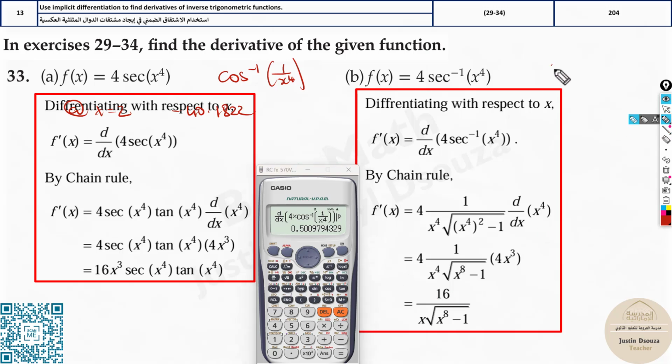I'll write it out over here, 0.5009, and it goes on. Let us try this now. It's 16 divided by x square root, not squaring it, square root x to the power 8 minus 1. Now calculate at 2, because I've taken 2 itself and it's matching. Only one correct option will match.